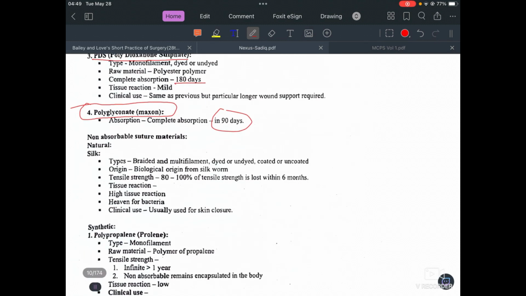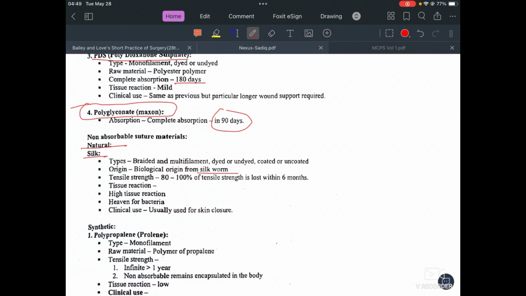Non-absorbable suture materials, there is also natural and synthetic. Among the natural, there is silk, types braided multifilament, dyed or undyed, coated or uncoated. Origin, biological origin from the silkworm.